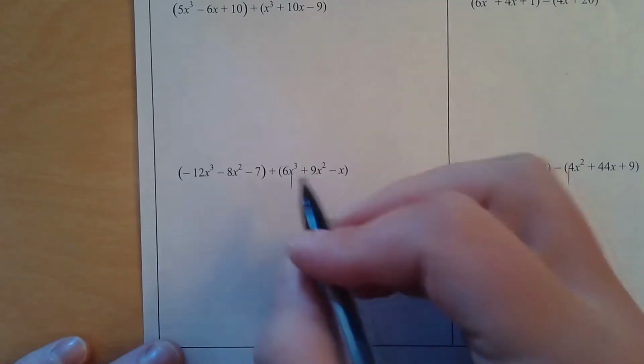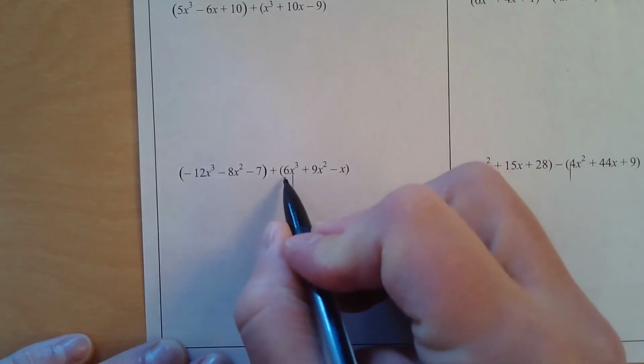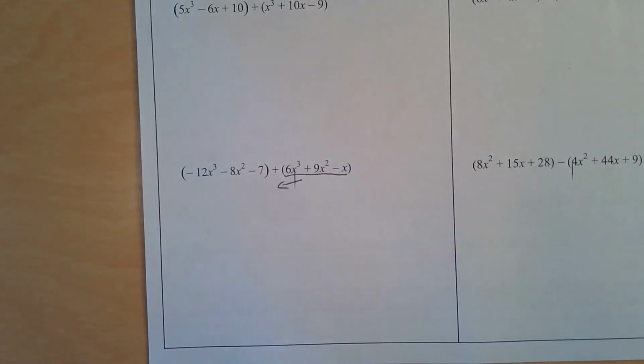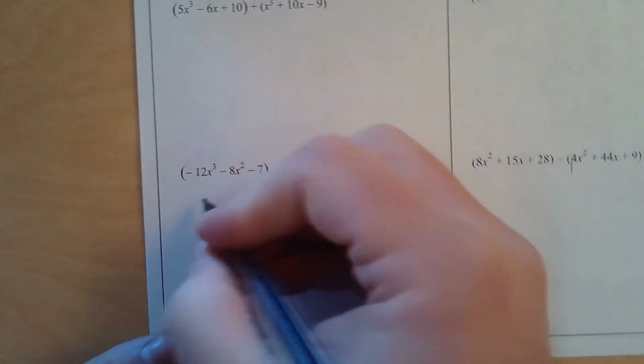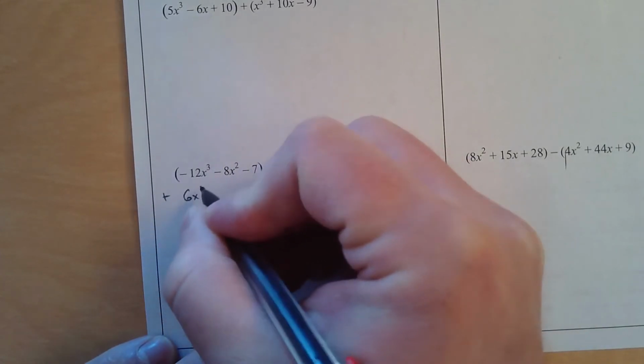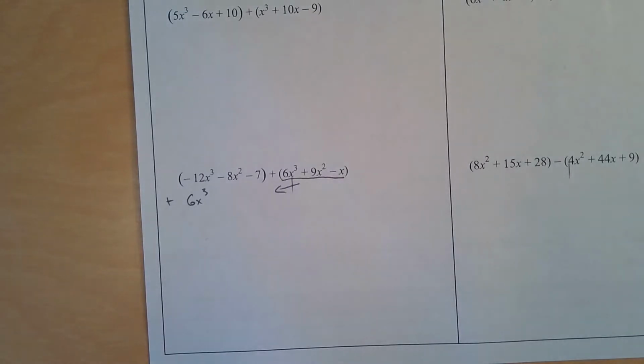So when I stack this up vertically, I'm basically just going to take this polynomial here and write it underneath it. And I want to make sure that when I write it underneath my other polynomial, that I'm lining up my like terms vertically. So here's x cubed, so I want to make sure that this 6x cubed is right underneath the 12x cubed.